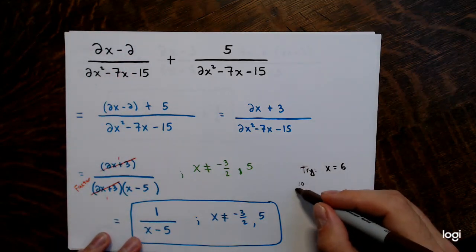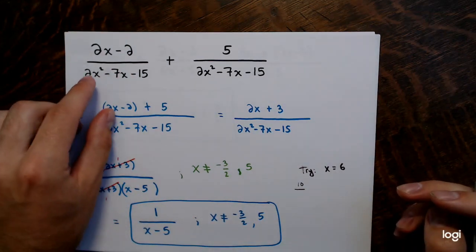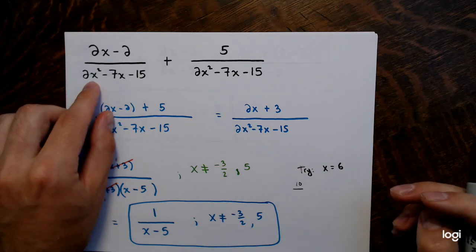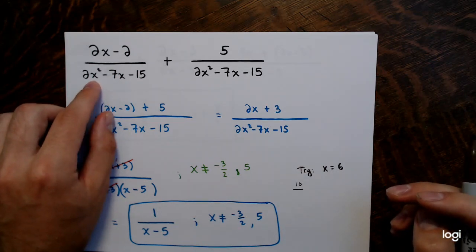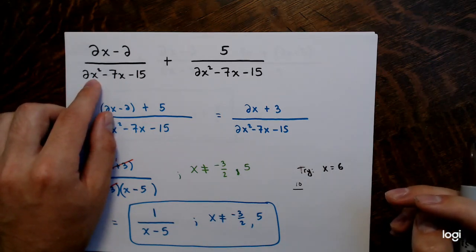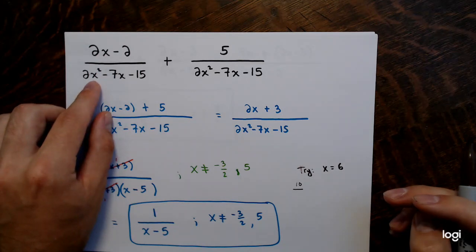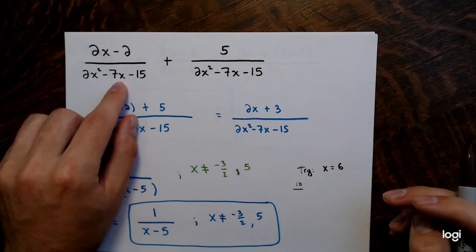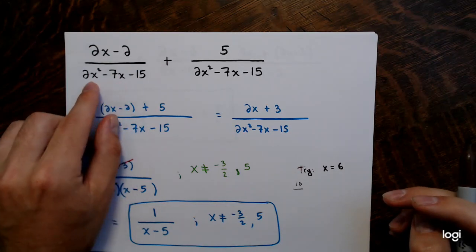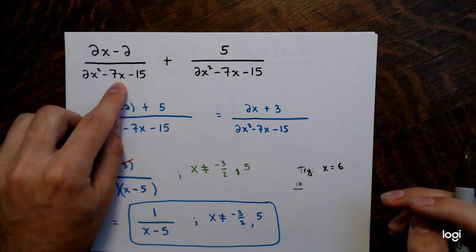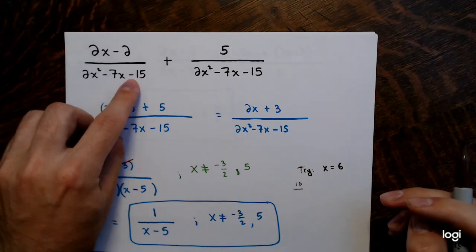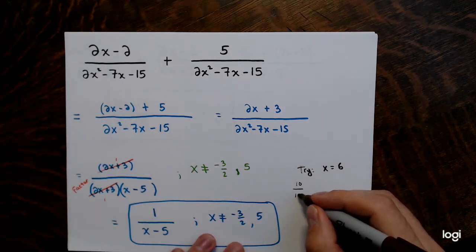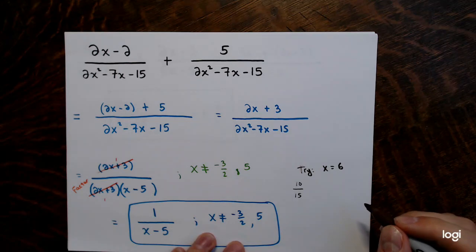So that numerator is 10. And then down here, 6 squared is 36, and then 2 times 36 would be 72, and then minus 7 times 6 is 42. Right, so 72 minus 42, that's 30, and then minus 15 is 15. All right, so that denominator is 15.